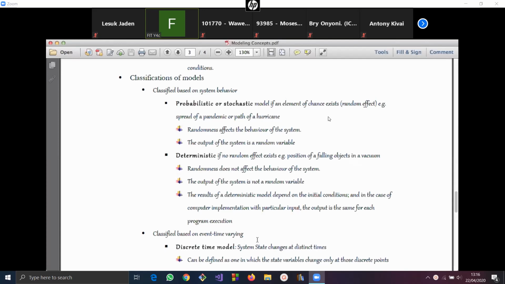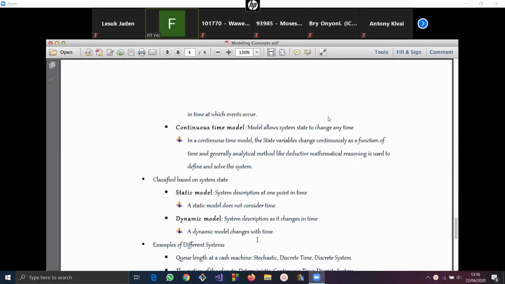We said time varying model. That's where we have a discrete model. We say it changes on that. So when you finish with that one, you have a discrete system.